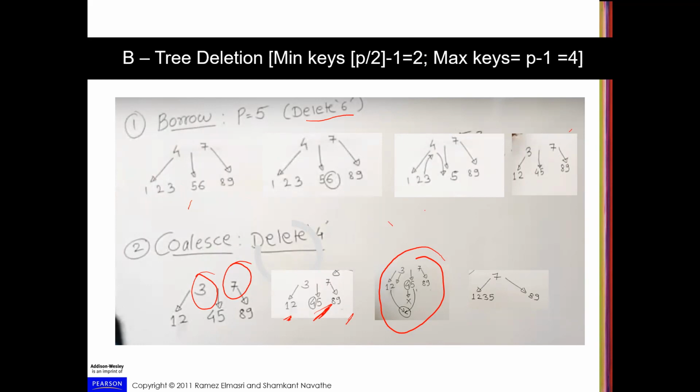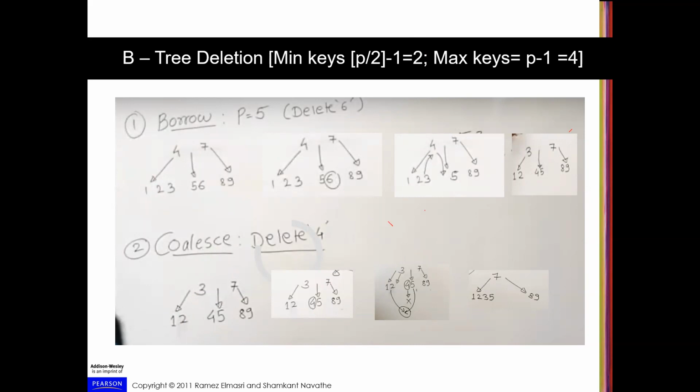For example, this sibling has no extra value, like in this case, nor does the left sibling have an extra value. So in this case, we have to merge them. You see the merged values, and the tree is becoming shorter now. How to do this? Let us understand. The second method is the coalescence method, which is the opposite of the borrow method.